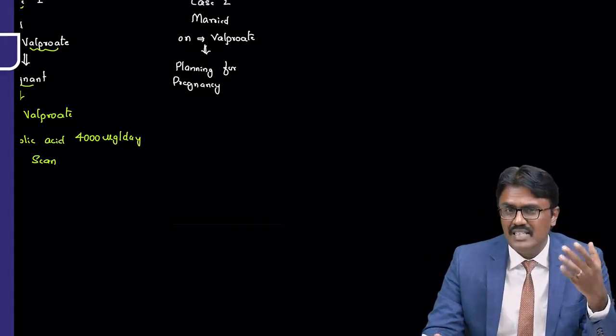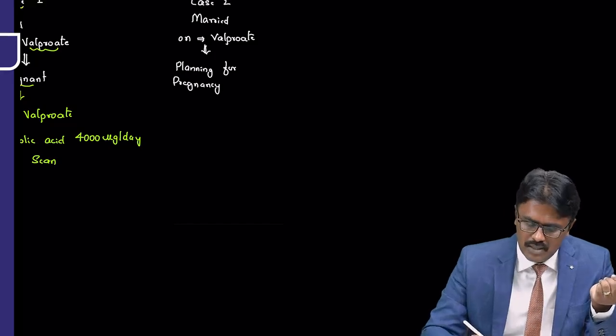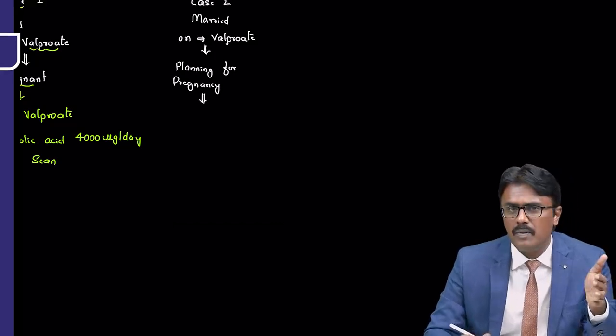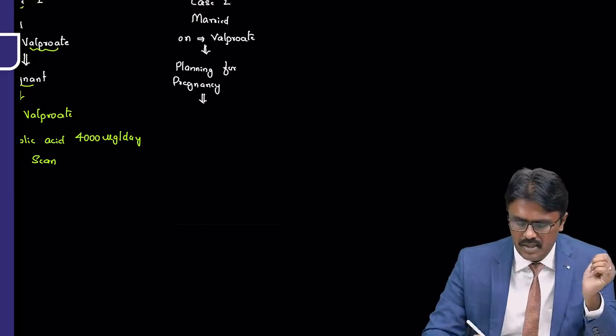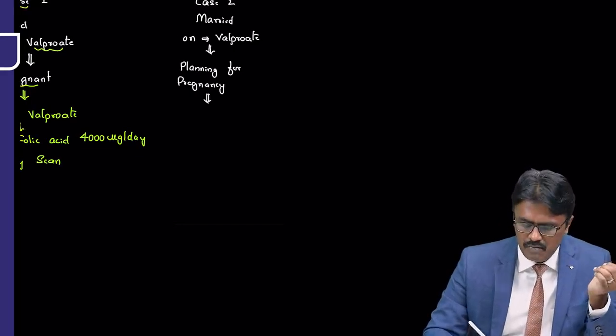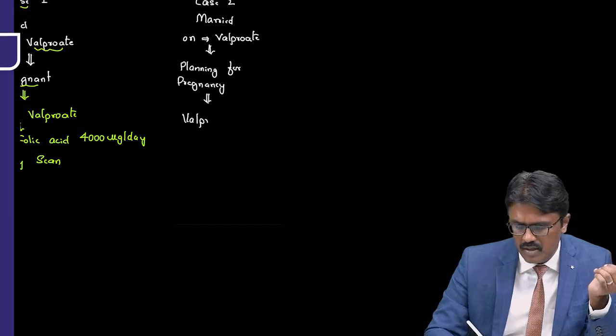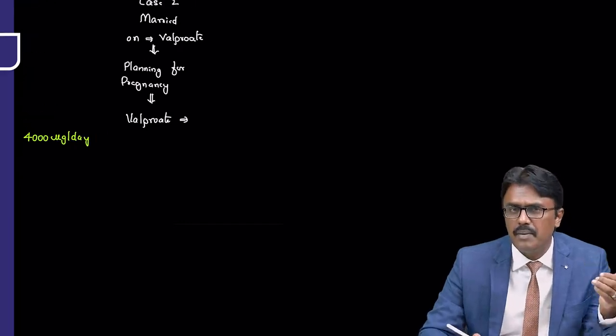Second case, she is on valproate and she has come to you, saying, sir, we want to plan for pregnancy. What step can be taken? In this case, you can shift the patient from valproate to a safer one. What are the safer anti-epileptics in pregnancy?